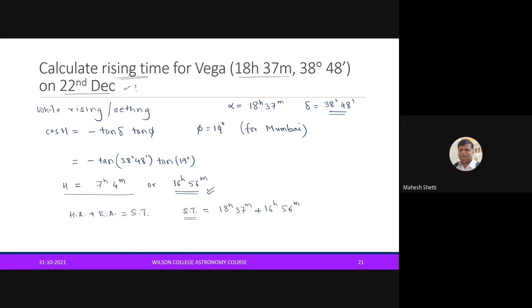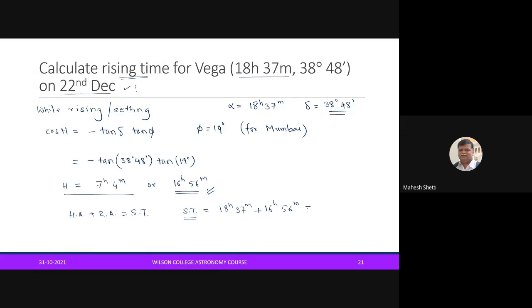So every day, the sidereal time when Vega is going to rise is going to be this addition. We are using the hour angle of the star, a general formula which depends on the declination of the star, that at what hour angle it is going to rise. So the sidereal time when the star is going to rise is this.